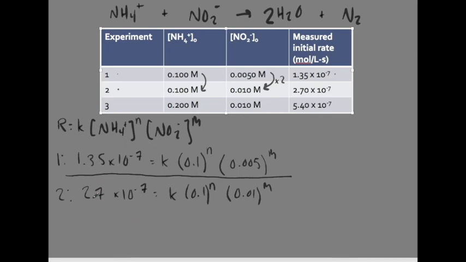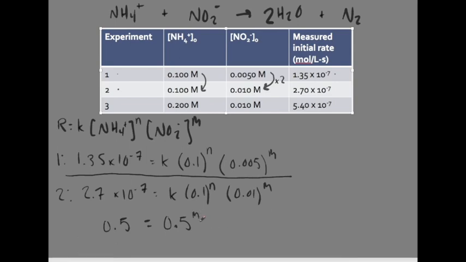I hope that you can see that that divides out to 0.5 equals K over K, that cancels out. 0.1 to the N divided by 0.1 to the N, that cancels out. Here I have 0.005 to the M divided by 0.01 to the M. So that's going to become 0.5 raised to the M.